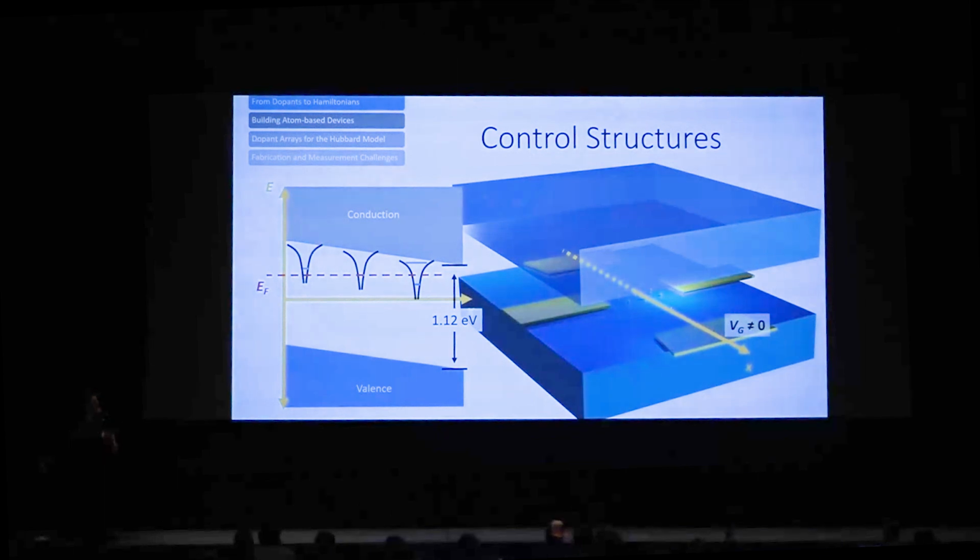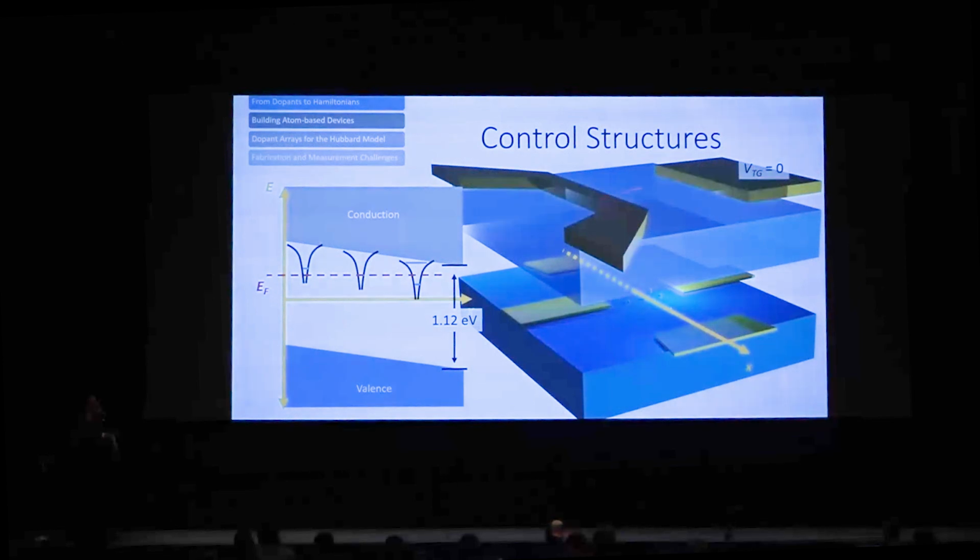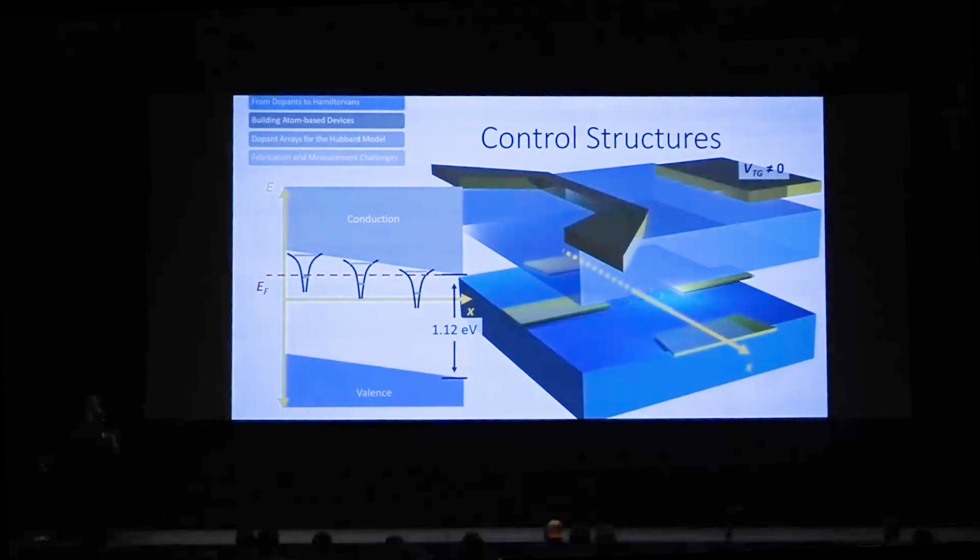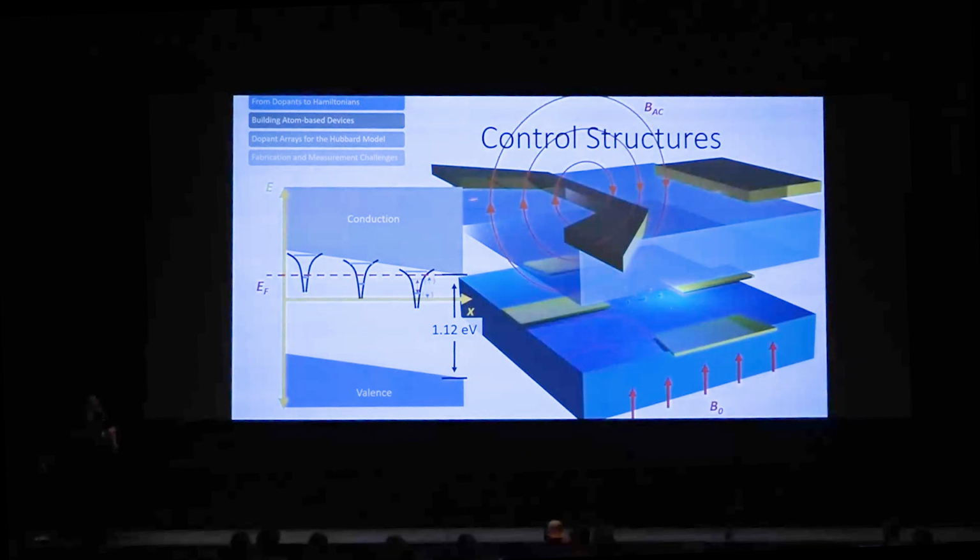We can also imagine fabricating top gates, so that's what I'm showing here, that maybe have more of a global effect on the system. So I guess you can see we can shift things up and down like that. We can also fabricate antennae, whatever the plural of that is, where maybe we can start if we also impose a background magnetic field and Zeeman split the states.